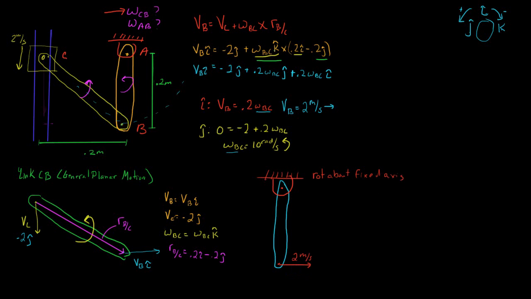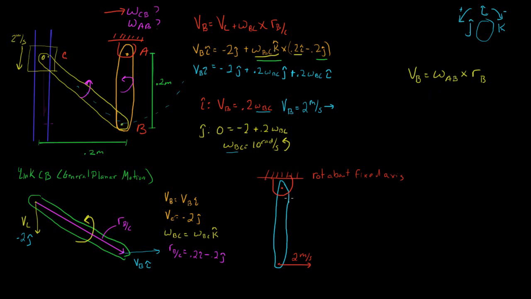And let's look at the equation for a rotation about a fixed axis. We have a velocity of B is going to be equal to this omega AB crossed with the position vector, the distance the position vector B is away from the fixed axis.